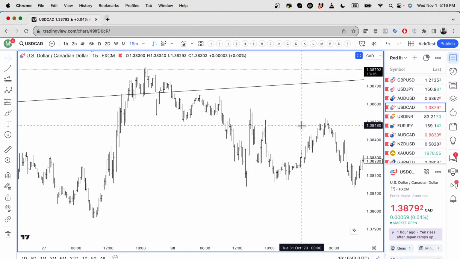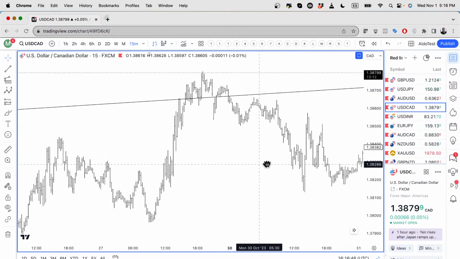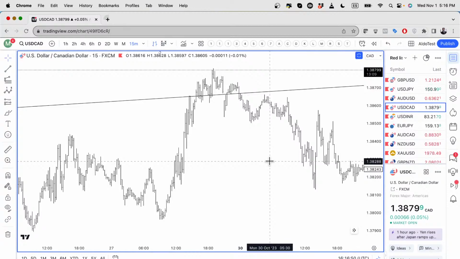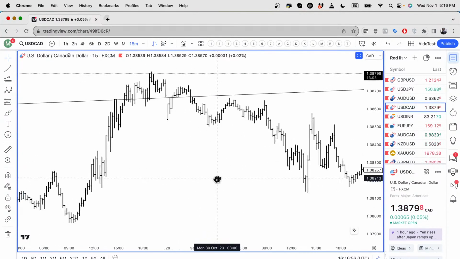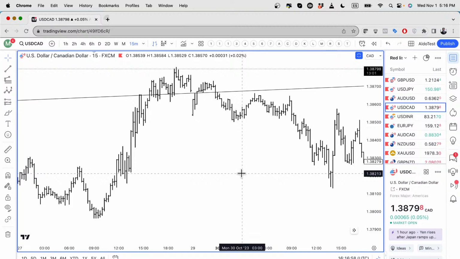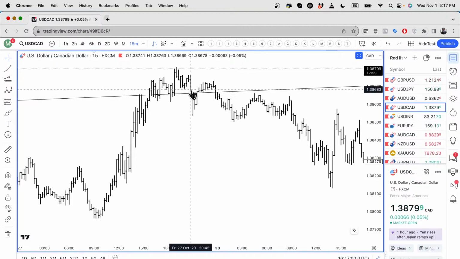So this allows us to give you a very specific example on a 15-minute chart. You can see here we have a 15-minute chart and the price gapped. You can see here the closing of this bar and the opening of the next bar right here.